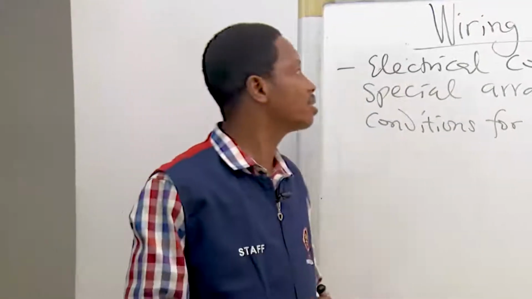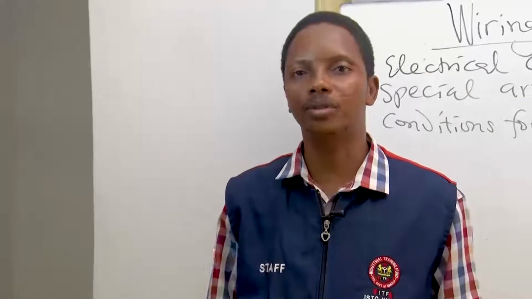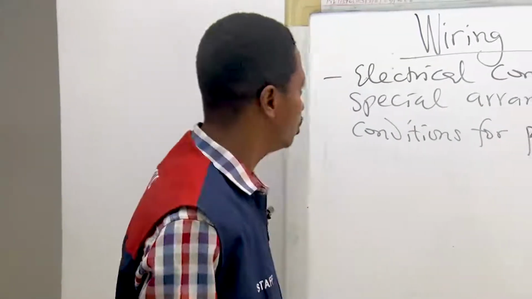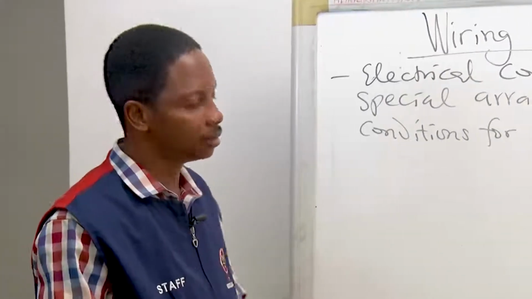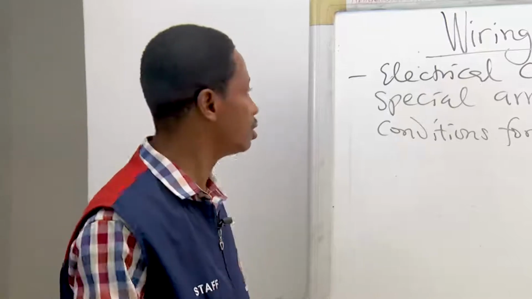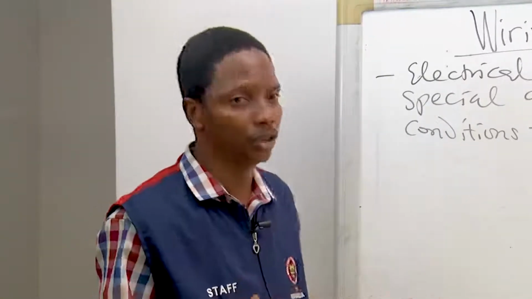So for wiring system, we have different types of wiring system. So now we consider the connection, we consider the accessories in a special arrangement manner, cable, and special conditions.